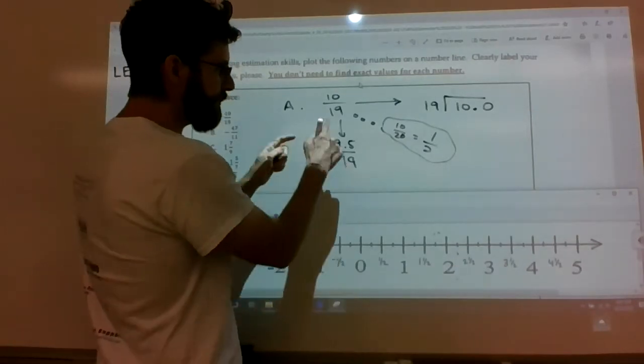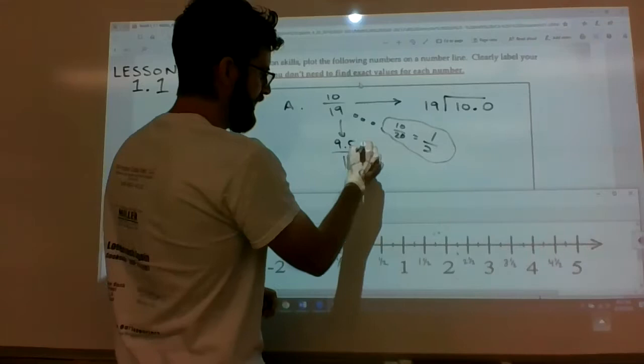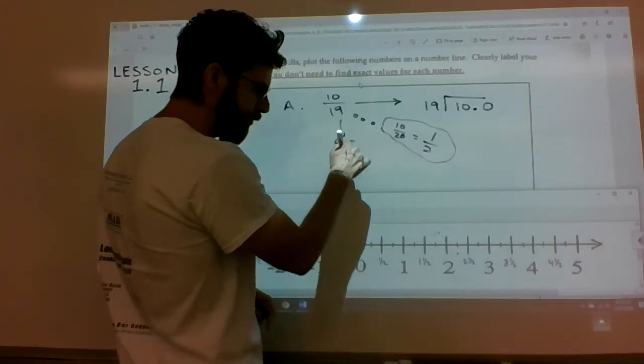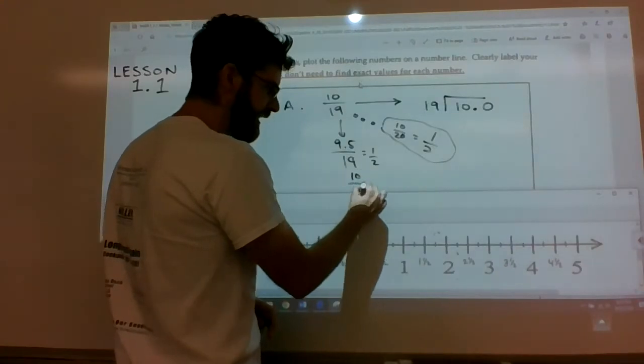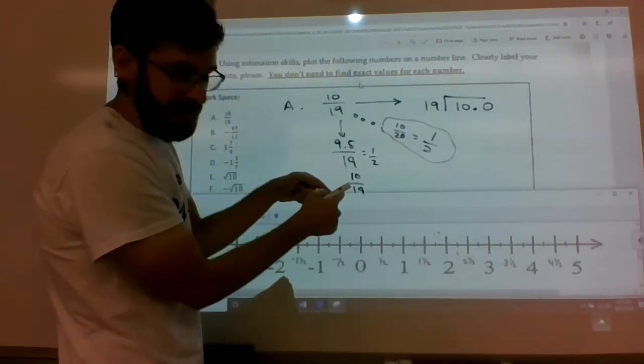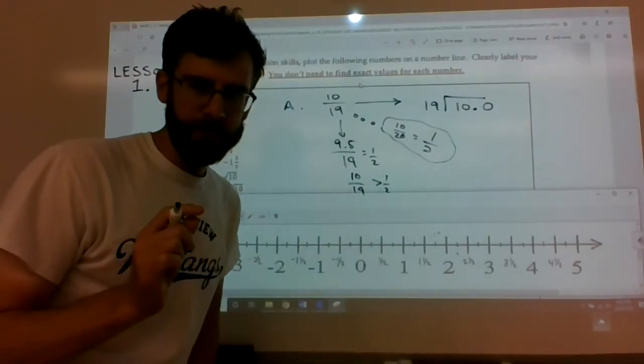So when you compare that to 10 over 19, let's think about that. 9.5 over 19 is equal to a half. Therefore, 10 is 0.5 on the top exactly more. So that's bigger than a half, but just by a little bit.